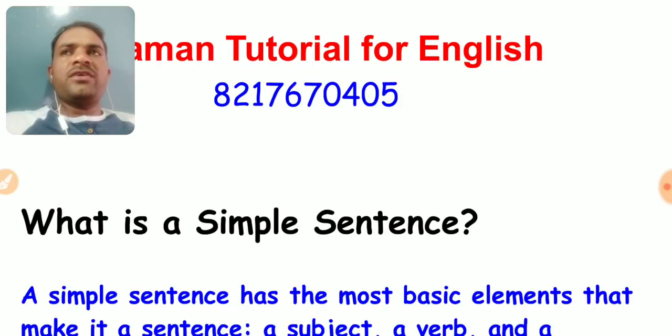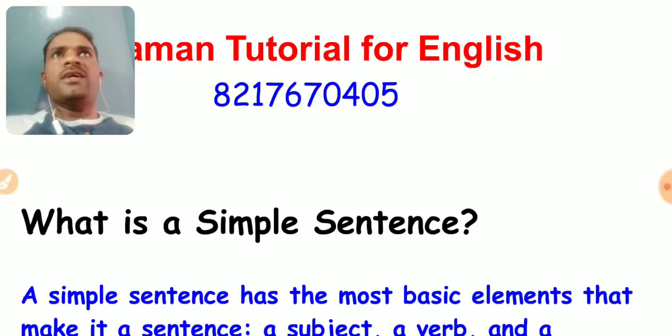First and foremost, we must understand how a simple sentence is, how a complex sentence is, and how a compound sentence is. Later, in the next video, we are going to discuss how to convert from one sentence to other sentence, how to transform from simple sentence to complex sentence or compound sentence.